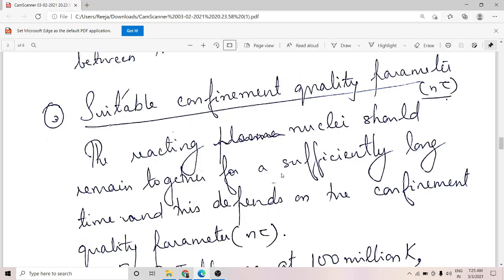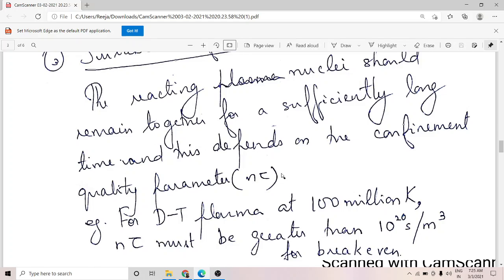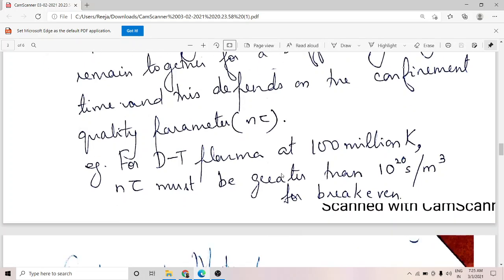Confinement quality parameter is the product of the number density of the reacting nuclei, n, and tau, that is the confinement time. So, what is the density of the reacting nuclei remaining confined together, and for how long? The product of these two gives you the confinement quality parameter. For DT plasma at 100 million Kelvin, n tau must be greater than 10^20 seconds per meter cube for break even to occur.